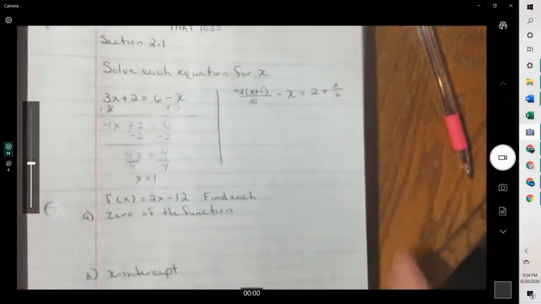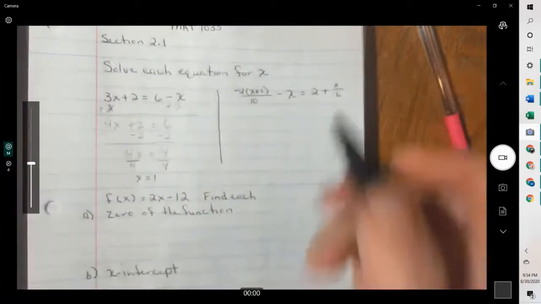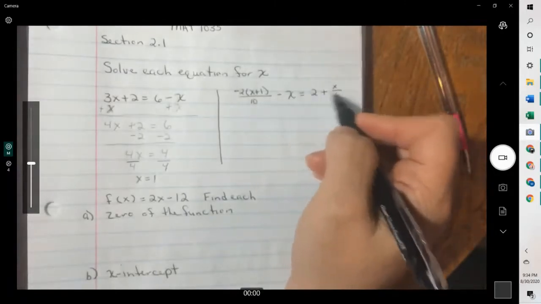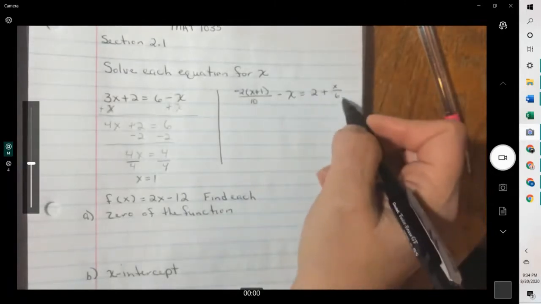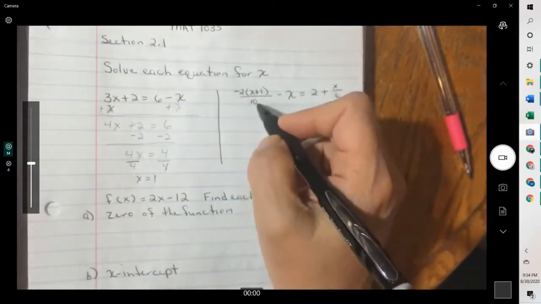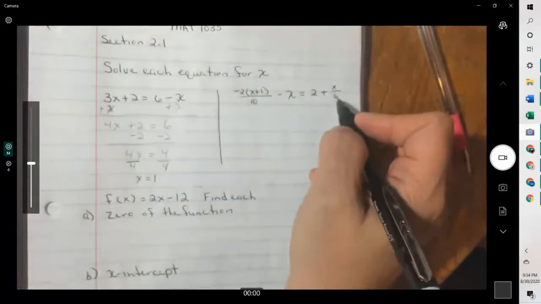Now when we have a fraction, you want to multiply through by a value to get rid of it. And so if we look at, well, there's 1, 2, 3, 4 terms. The denominators are a 6 and a 10. That means we want to find the smallest value that both of these divide into.